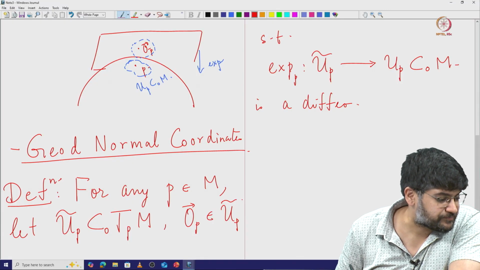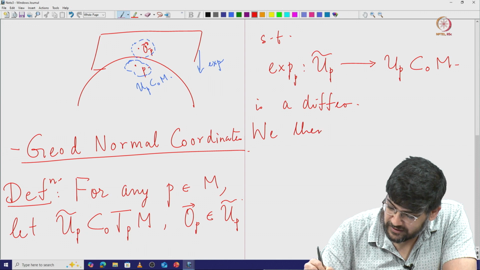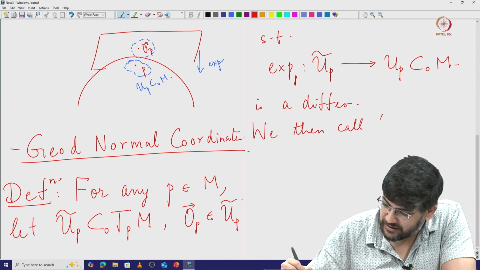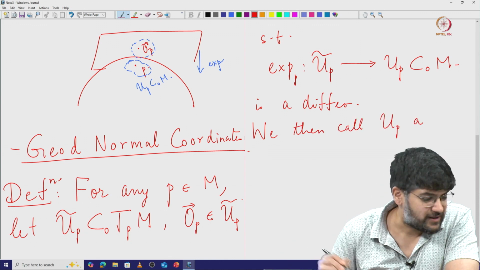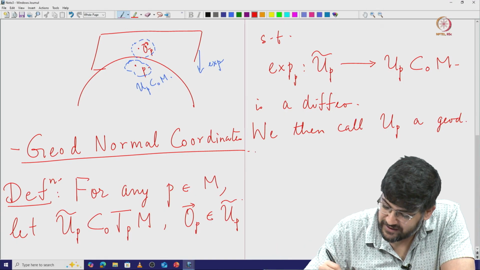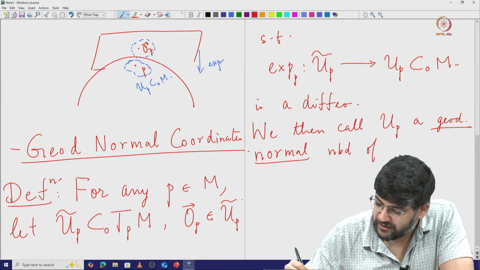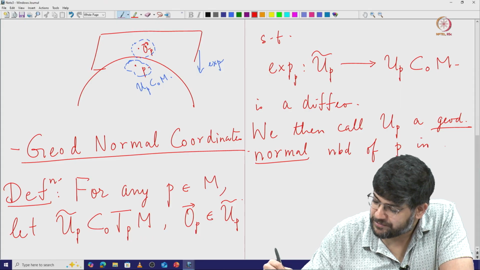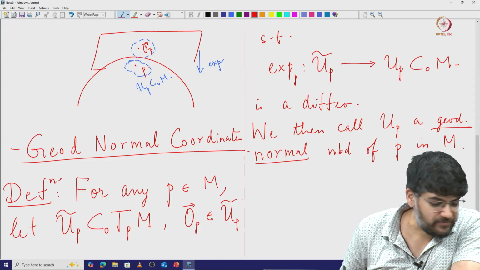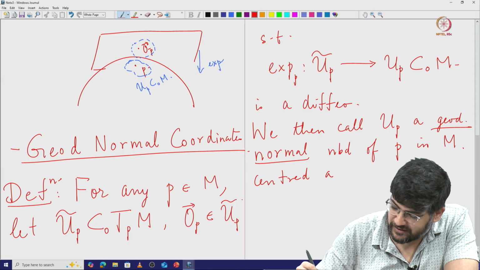Okay. We then call this set U P a geodesic normal neighbourhood of P in M, centered at P.